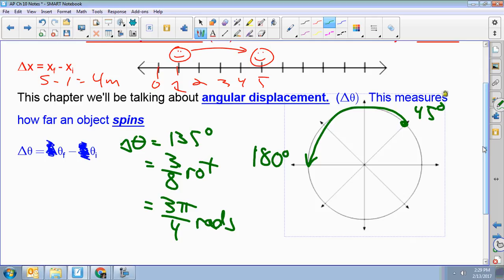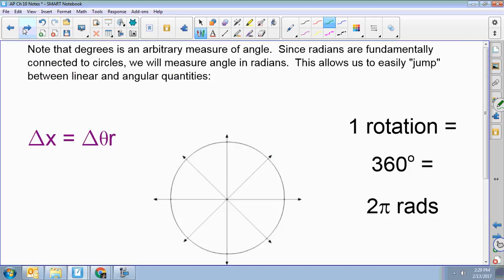All right. Now, let's talk about radians. So let's go back to when I turned the wheel a quarter of a rotation.